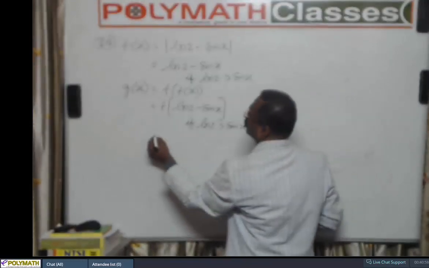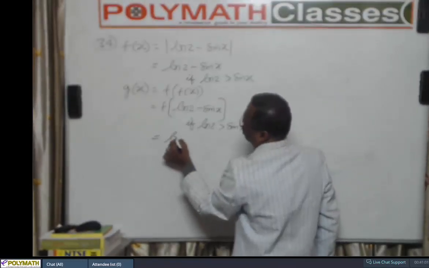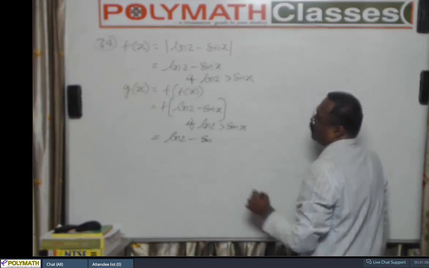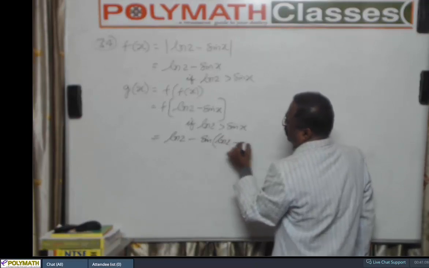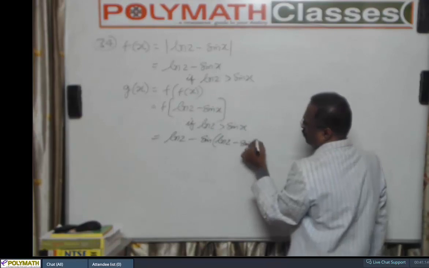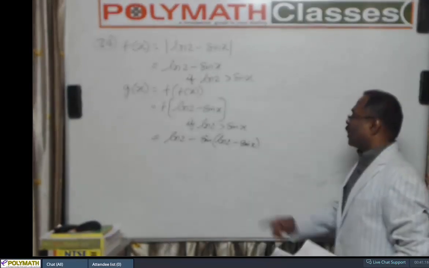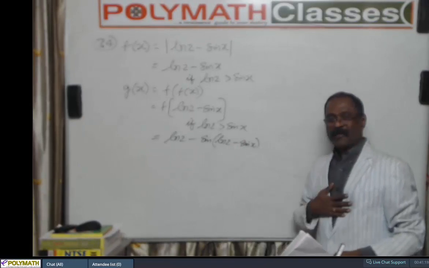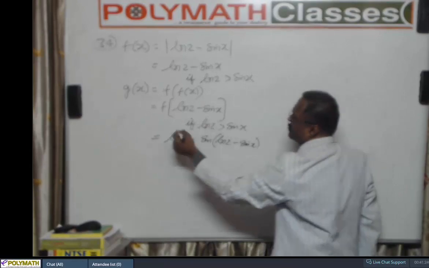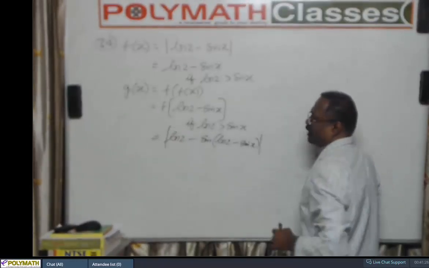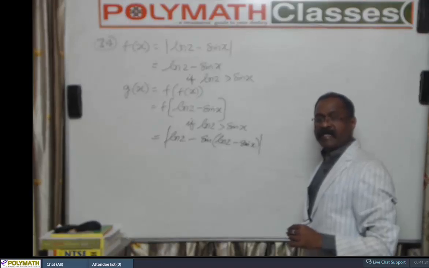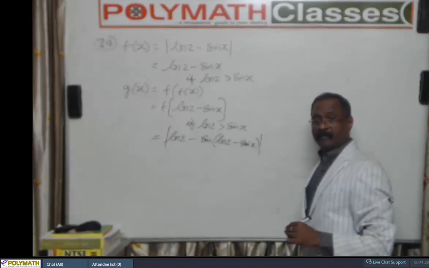Now, what should it be? ln2 minus sine of (ln2 minus sin x), with ln2 minus sin x replaced inside this sine. Don't forget, I'm using ln2 greater than sin x in this case also. Then you have to see whether the modulus is there.